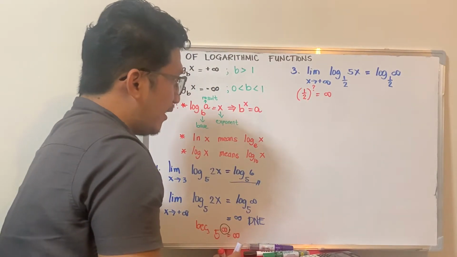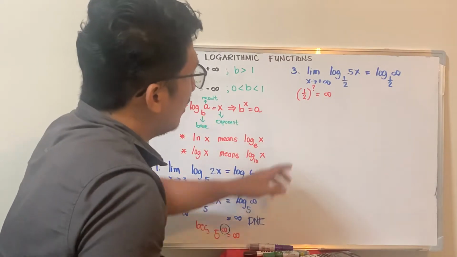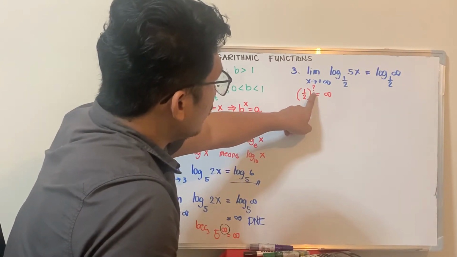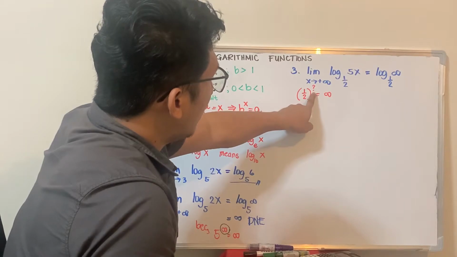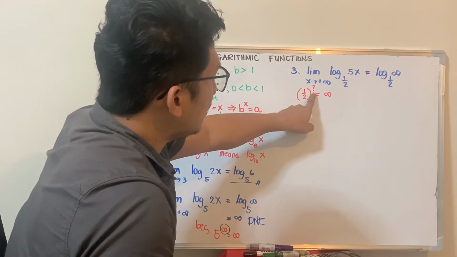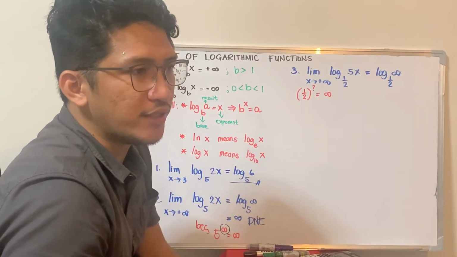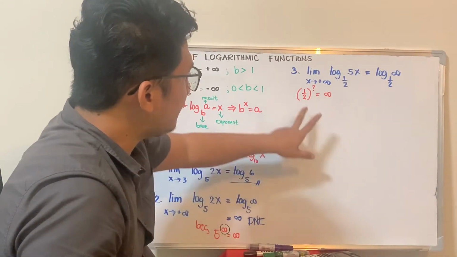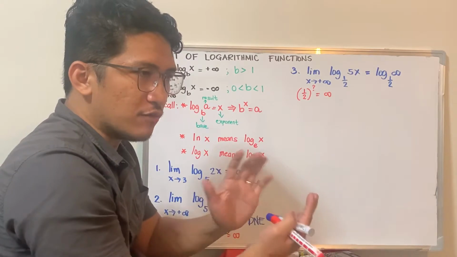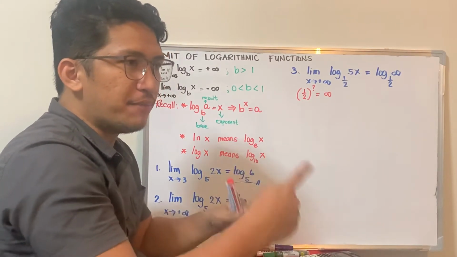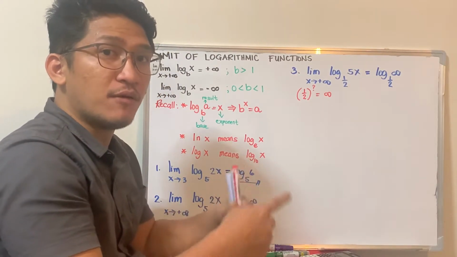Kung imo siyang i-trial and error, kung imo siyang butangan ug infinity diha, ang 1/2 raised to infinity is 0. Di ba? Pa-recall sa exponent nga idea, if the base is smaller than 1, if you keep multiplying it by itself, then it becomes smaller and smaller.